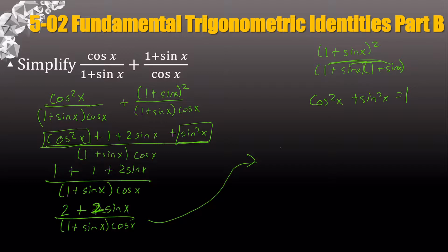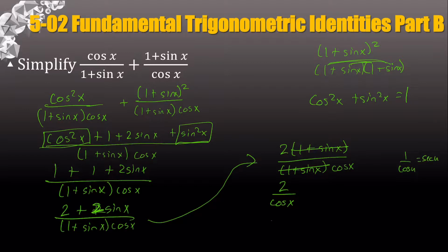Hey, I could probably factor the top, factor out a 2. And then I could cancel the 1 plus sine, so it'll be 2 over cosine. Oh, but let's see. 1 over cosine is secant. So instead of 2 over cosine, we'd write it as 2 times secant.